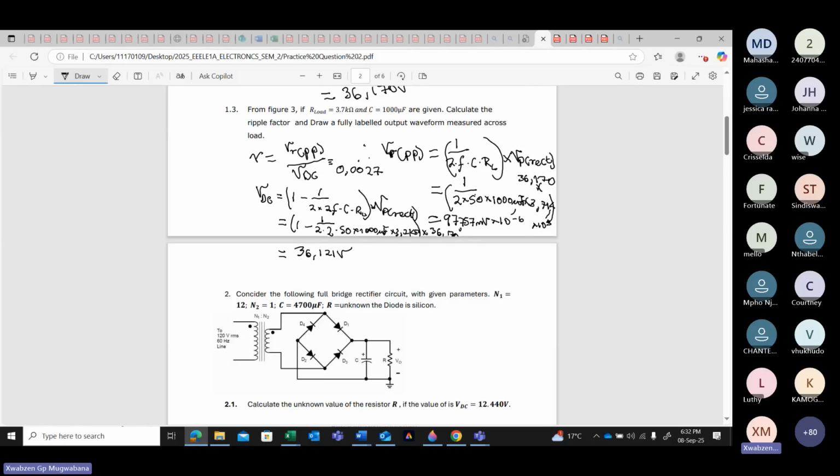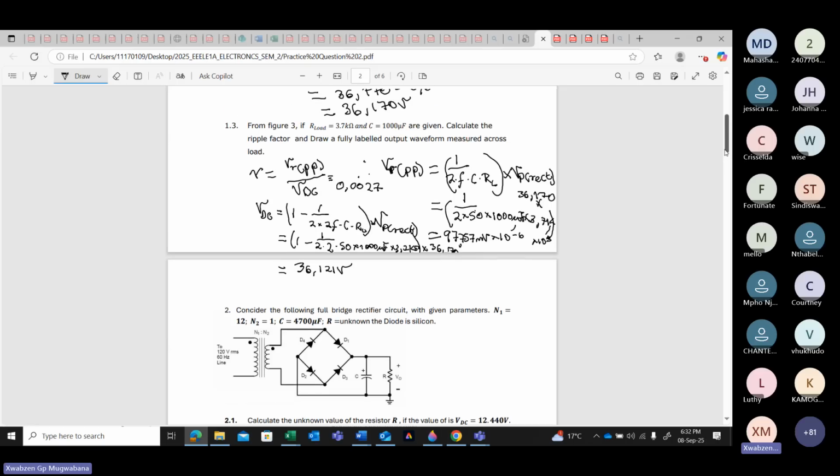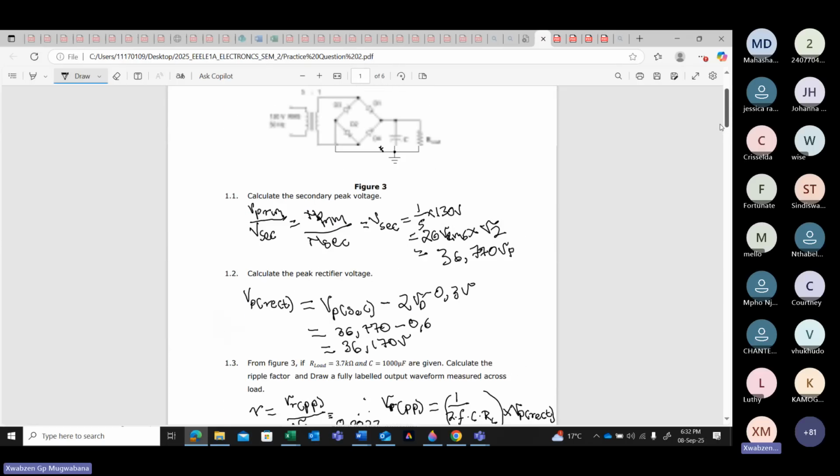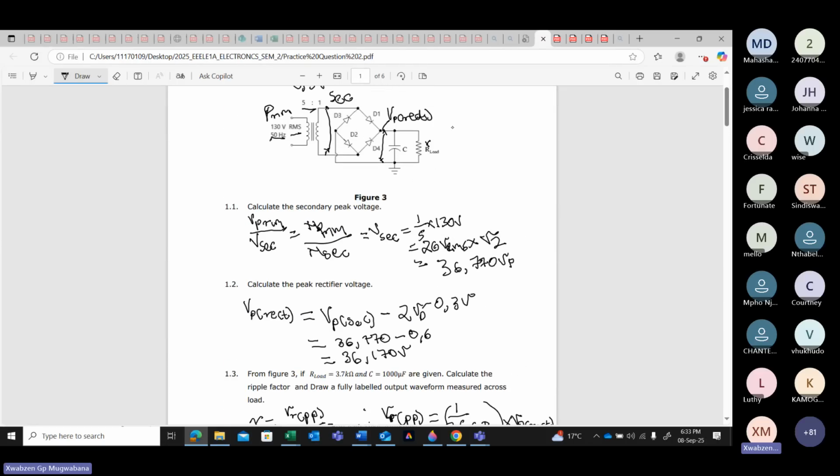Now you must draw a fully labeled output waveform measured across R load. If you go back, this is your R load, which means we need to see what will be the waveform that you measure here.